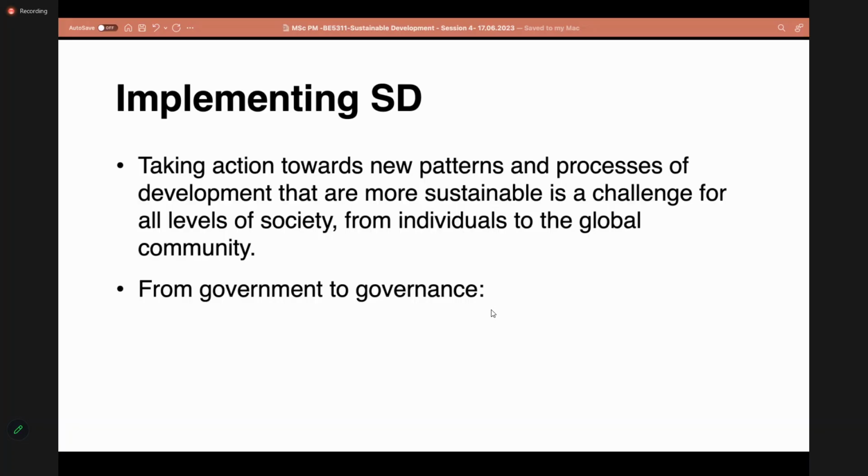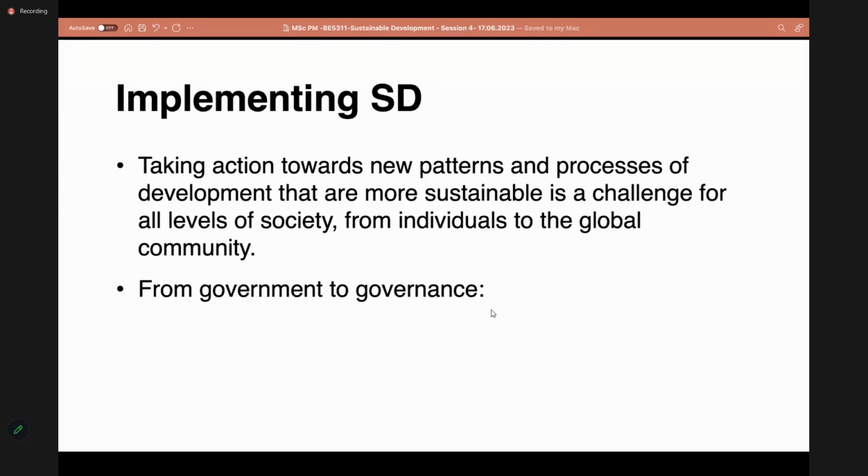So thinking in terms of sustainable development is a bit of a challenge because it requires us to think in a broader way, taking into consideration the social and environmental aspects associated with development as well.